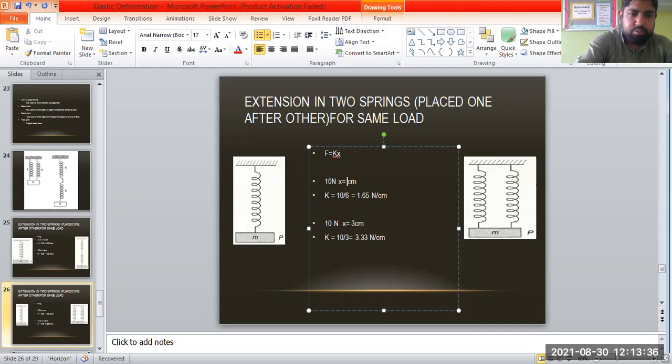For a single spring, it's offering 3 centimeters. So that is the given K.